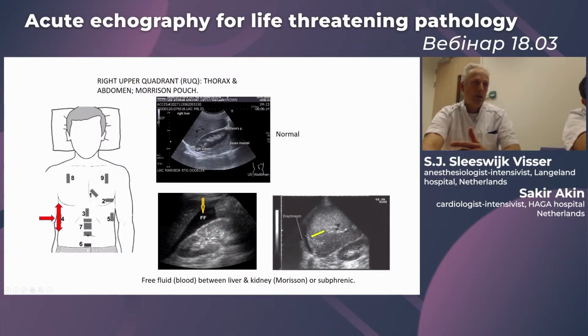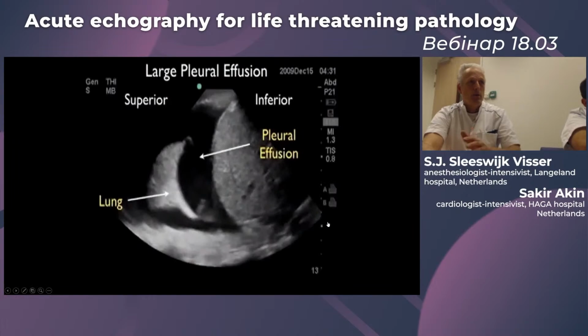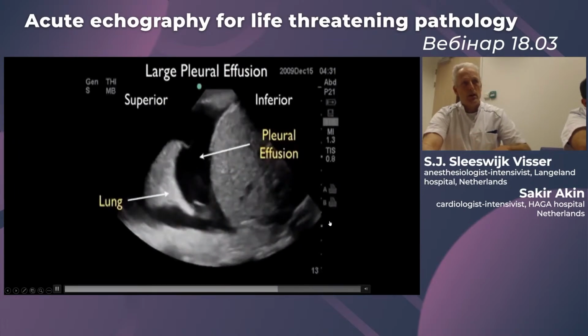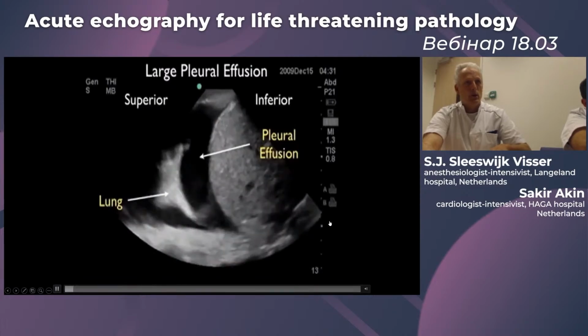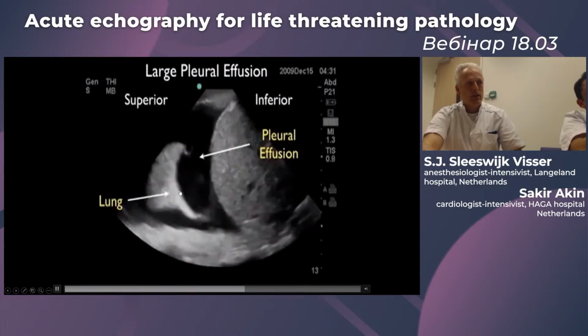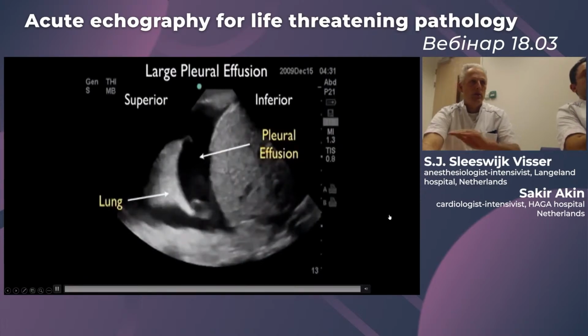This is a pathologic situation with free fluid between the liver and the kidney in the Morrison's pouch, or subphrenically, and this means in case of a trauma, free blood in the abdominal cavity. Again, if you move the probe in the cranial direction in this window, you might see free fluid with a compression atelectasis in a hematothorax.